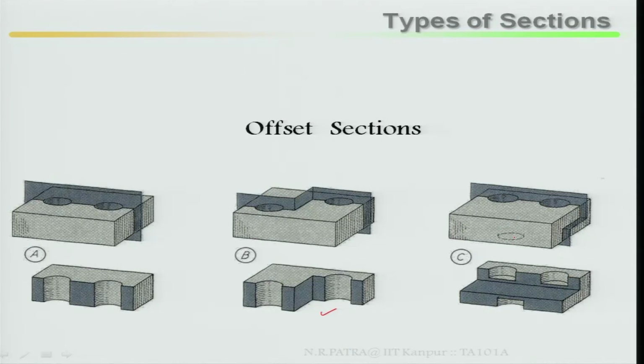That is why this is a dotted line. So you start a section plane like this, cut halfway, then take it back and cut again. If you look here, I can see the rear side as well as the front hidden holes. This is called an offset section, so that all the hidden parts and inside features can be taken care of.